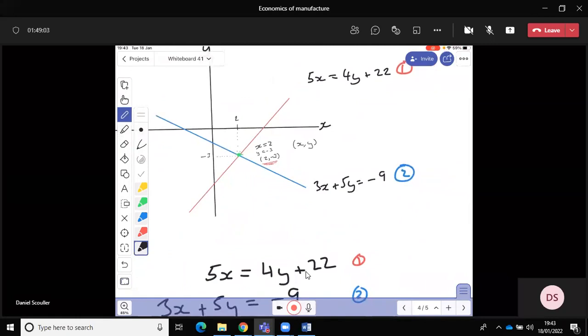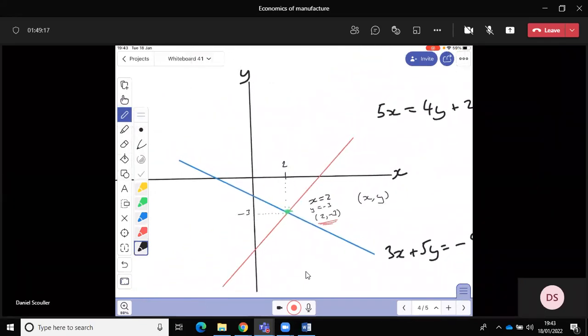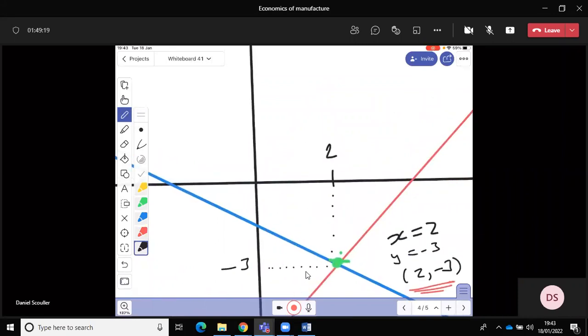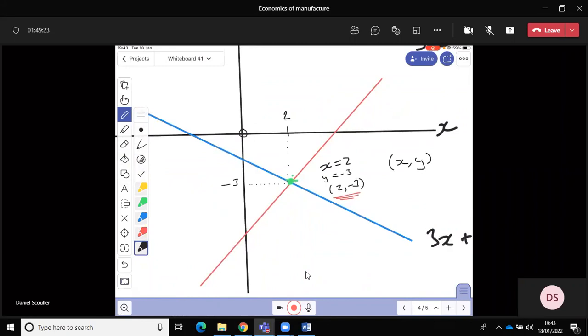Now, often the picture gives you the clue of where that's going to be. It doesn't give you the numbers, but it allows you to see x is going to be positive and y is going to be negative. When the xy graph's there, that's your 0 point. Everything to the right hand side is positive x, everything to the left is negative x.